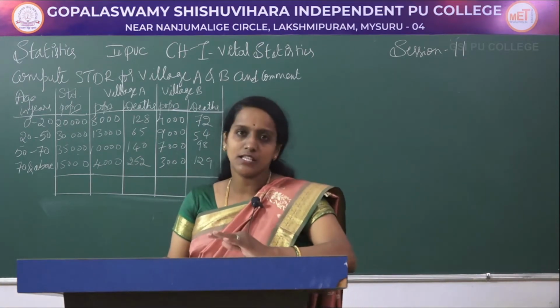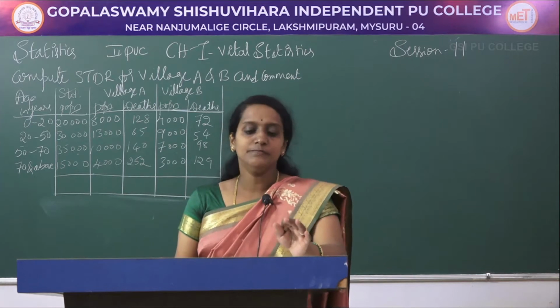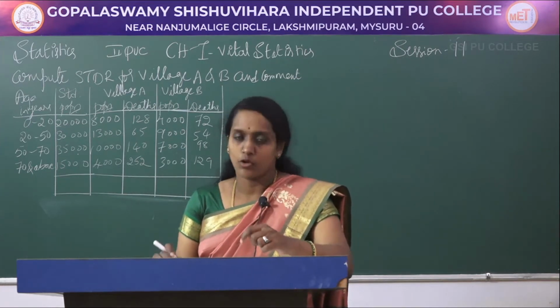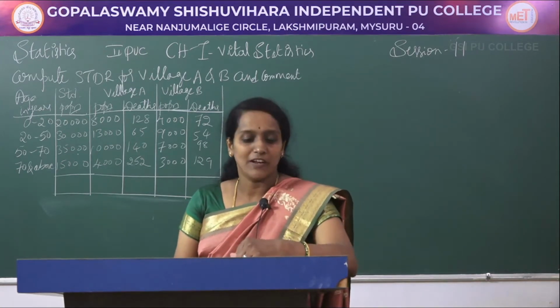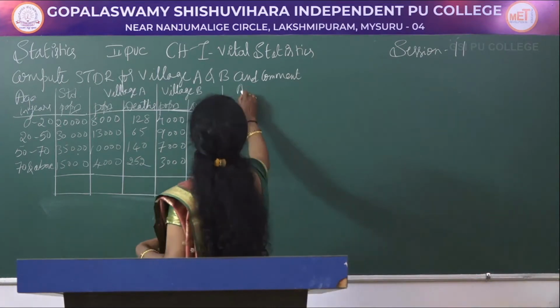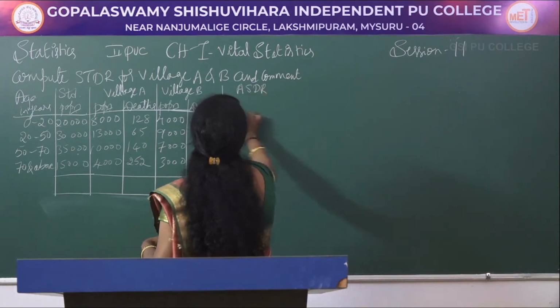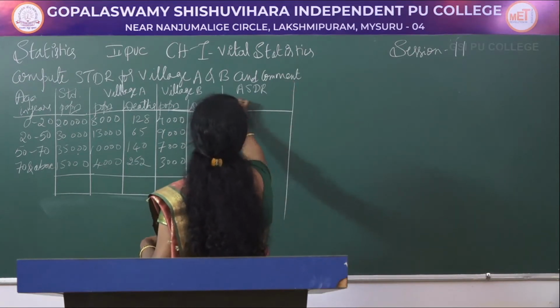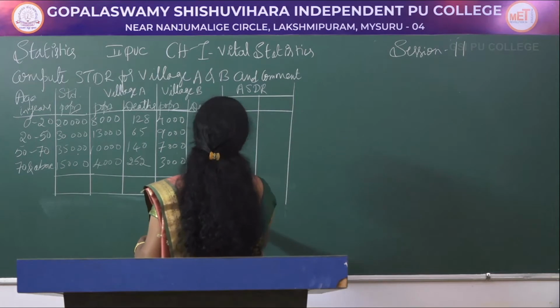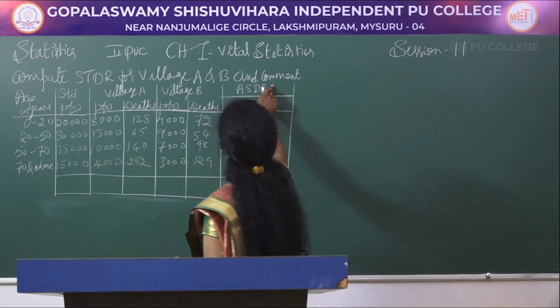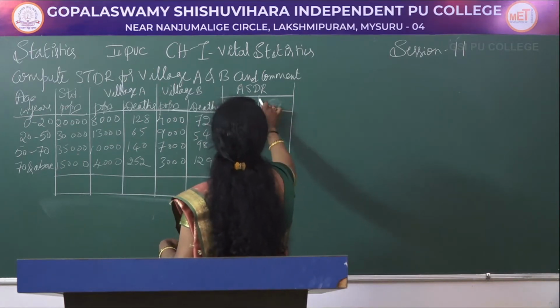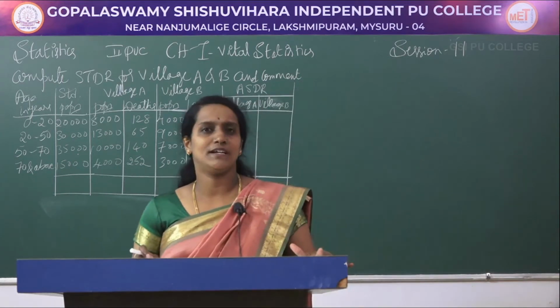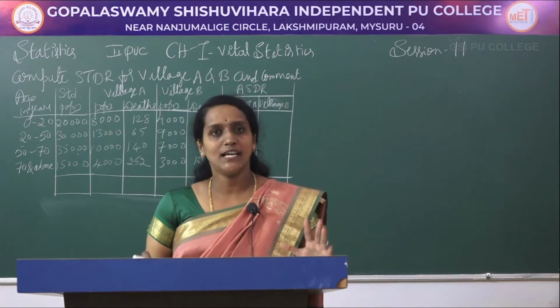Before starting this, the first step is we have to find the ASDR for village A and village B. Okay, first find out ASDR for village A. We have two, that is for village A it is A, and for village B it is B. For village A ASDR we call it capital A, and village B ASDR we call it capital B.